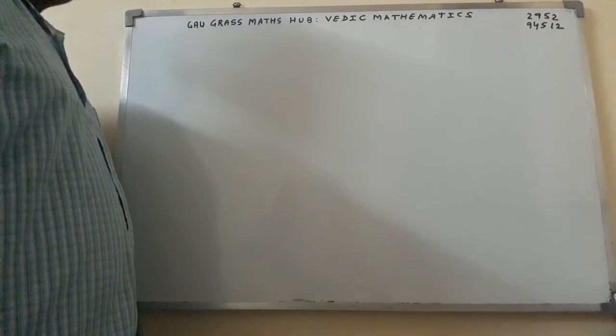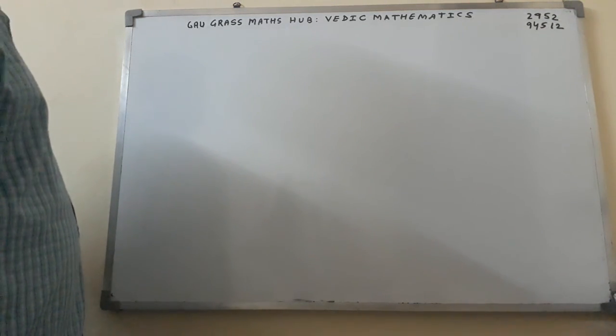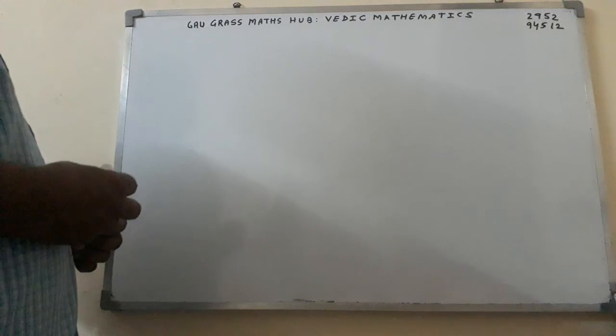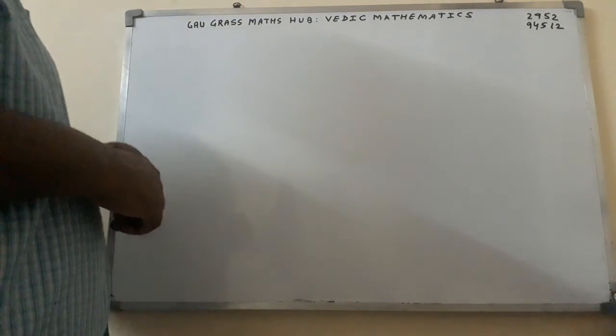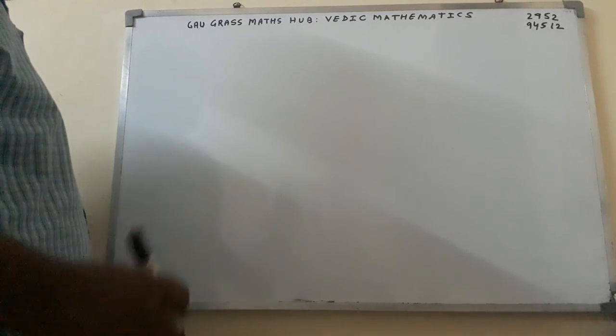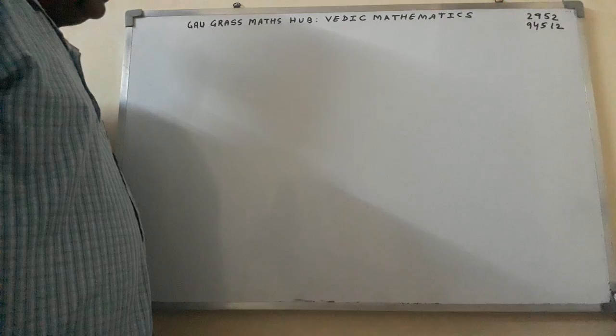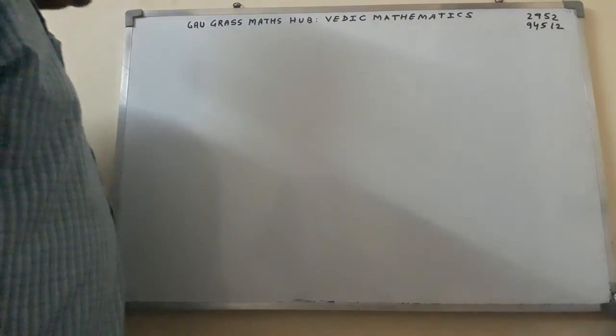Today I shall discuss some concepts related to Vedic mathematics. Today I have taken the divisibility concept by 6, thereafter 7 and thereafter 11. Now let us see.